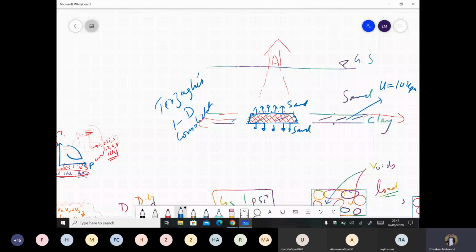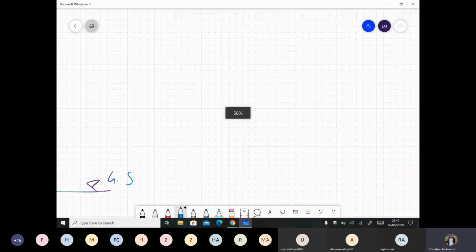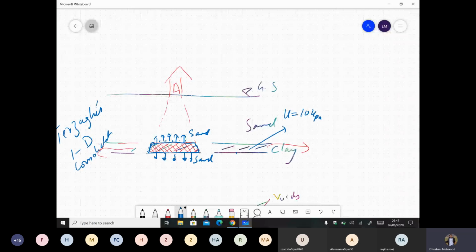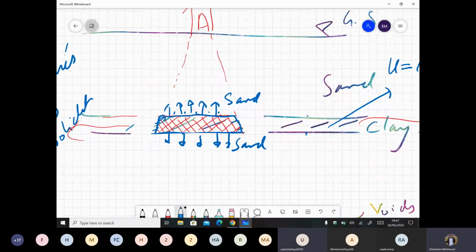If the water wants to move out of the clay layer, what is the maximum distance water would have to travel? Sir, it will travel until its pore pressure is released. Okay, no. Let me show this in this way.